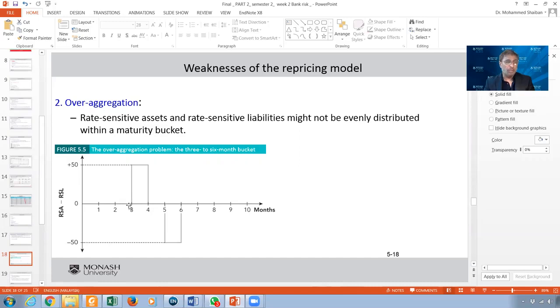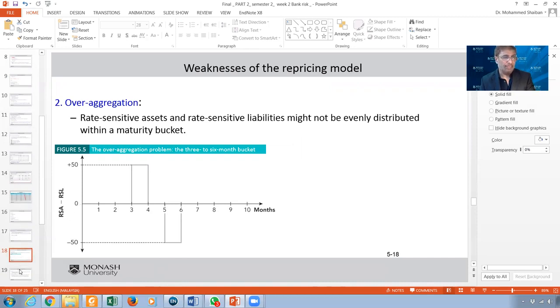While actually during the months, if there are changes, because of these horizon gaps, maturity horizons, it doesn't take into consideration what's happening in the months. This is what we call over aggregation, which means they don't look, I have a positive gap, a positive gap, a negative gap, a negative gap. If you add them all up, I am 0 gap, which actually does not reflect the facts.